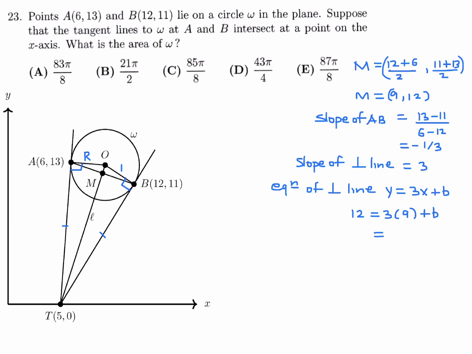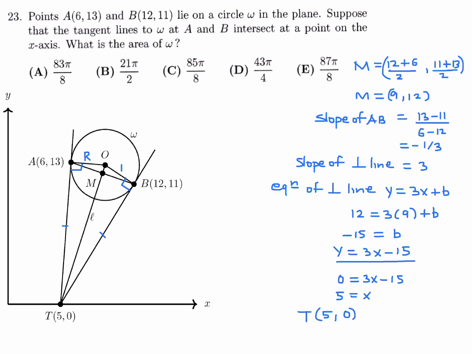And when I do, I get b equal to negative 15. So that equation is y = 3x - 15. Now, that line goes all the way down to the x-axis, so I can figure out that point by substituting y = 0. When y is 0, 3x - 15 is 0, and therefore x is equal to 5. So that's how we got that point, (5, 0).